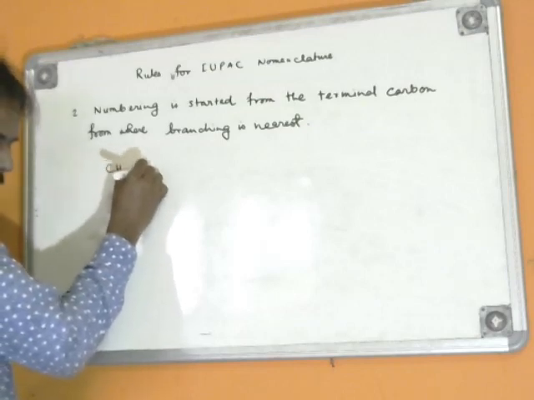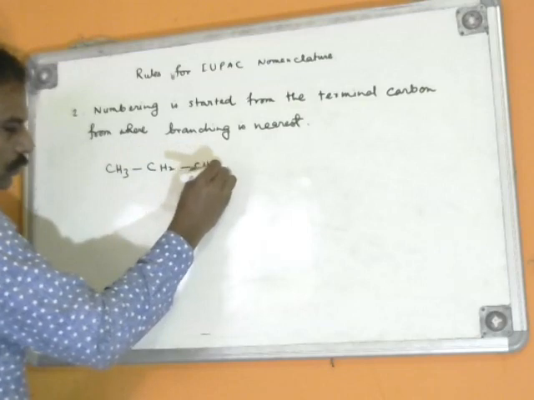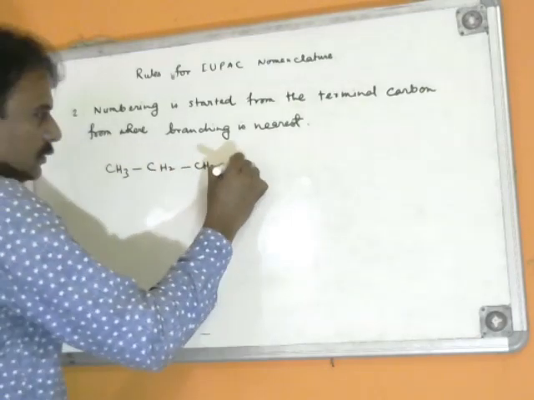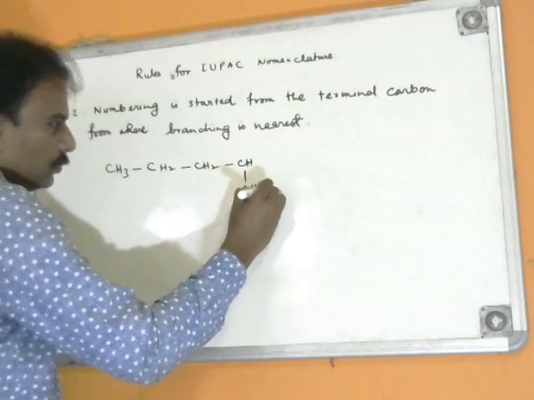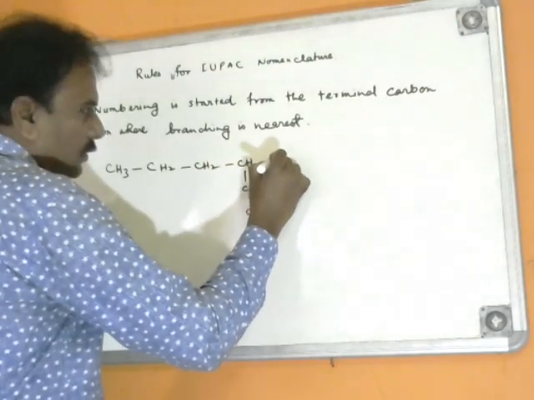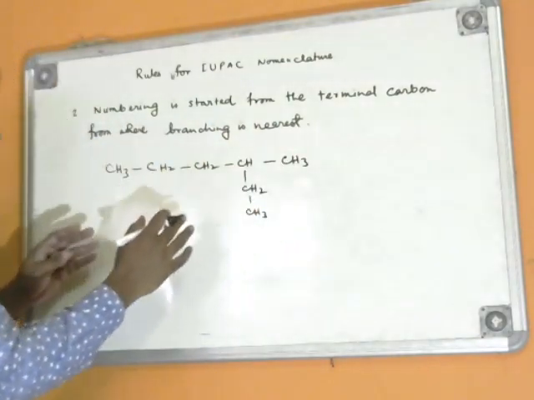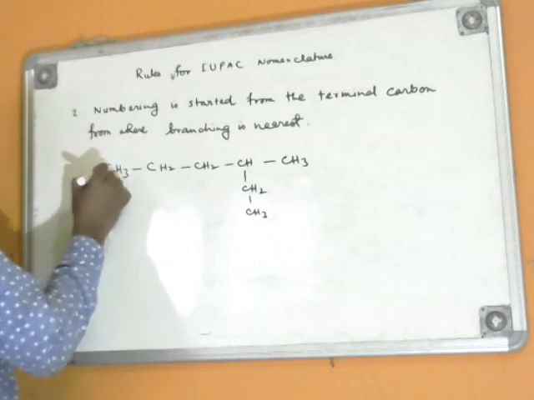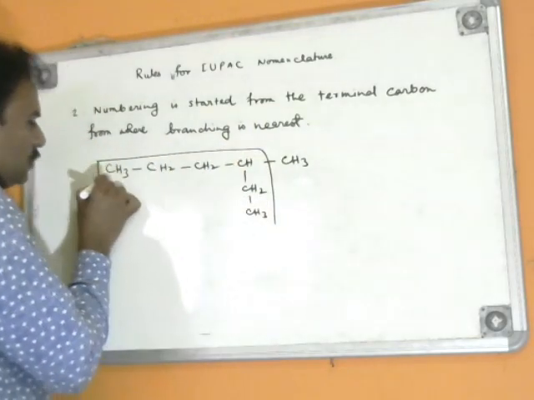CH3, CH2, CH2, CH, CH2, CH3, and this is CH3. In this compound, the longest chain we have already identified. This is the longest chain.